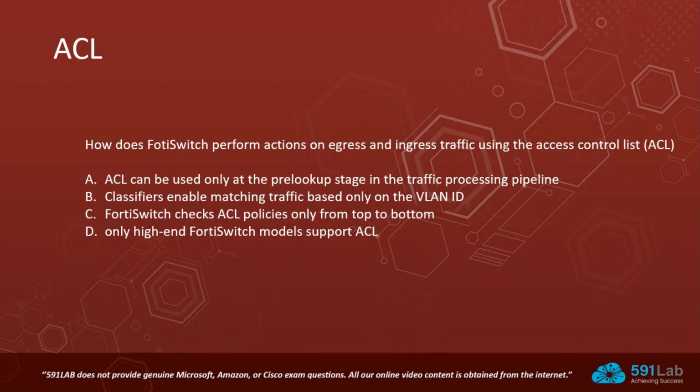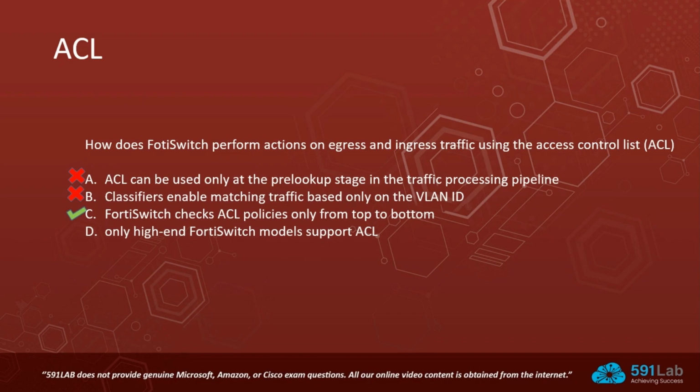Answer A. ACL can be used only at the pre-lookup stage in the traffic processing pipeline. This answer is incorrect. Answer B. Classifiers enable matching traffic based only on the VLAN ID. This answer also incorrect. Answer C. FortiSwitch checks ACL policies only from top to bottom. As you may know, this answer is correct.